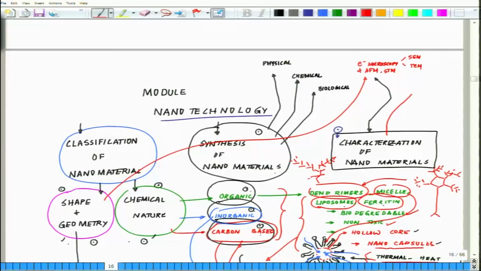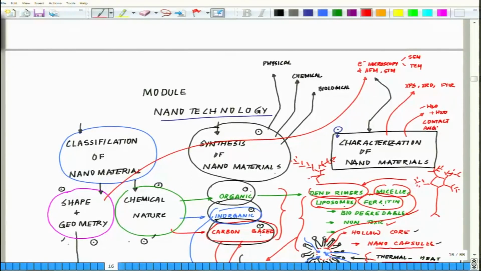Then we talked about the chemical ways of understanding the atomic architecture using XPS, XRD, and FTIR. And then we talked about water-hating and water-loving properties in terms of contact angle.